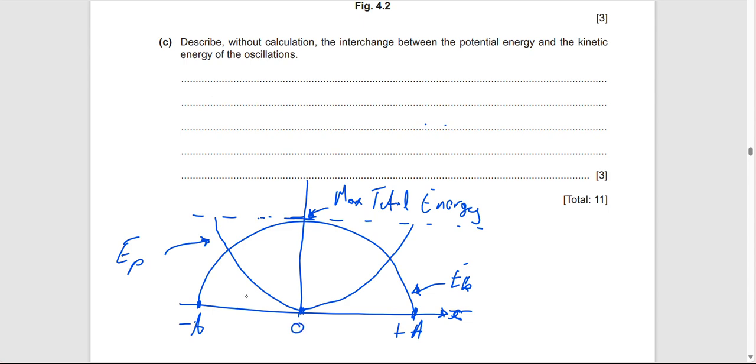This is where it is zero displacement. So at maximum amplitude we have the kinetic energy to be zero, as you can see from this graph. So we write that at max amplitude Ek is equal to 0. Then the converse is also true. x is equal to 0, where x is the displacement.